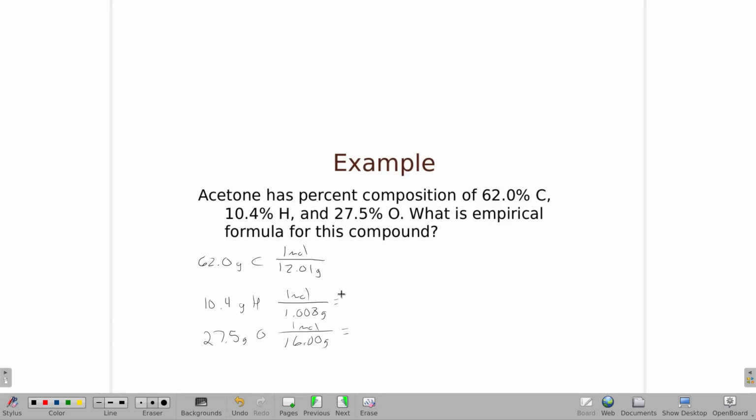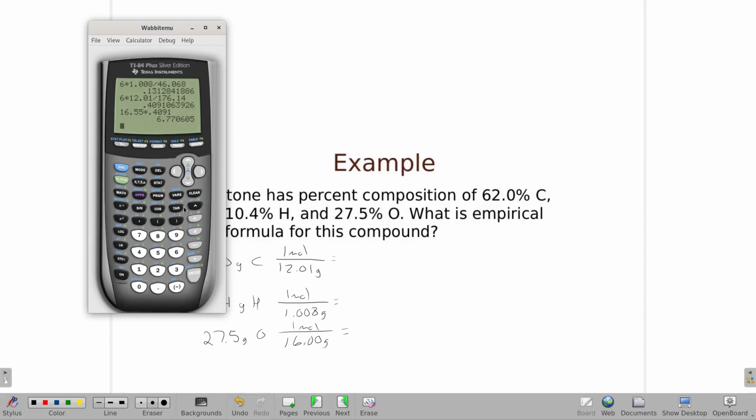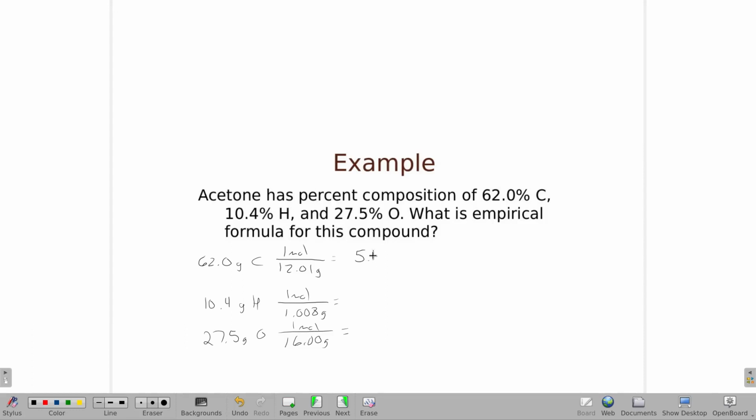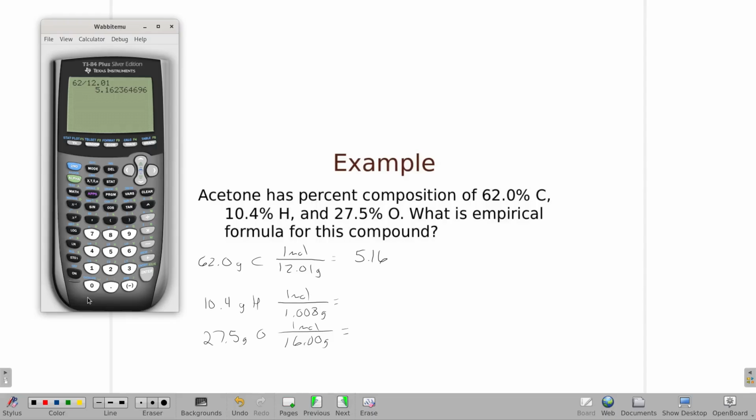And now I need to fire up my calculator and do a little bit of math here. 62 divided by 12.01 is 5.16. 10 divided by 1 is roughly 10, but I'm going to calculate it totally. 10.4 divided by 1.008 is 10.32.